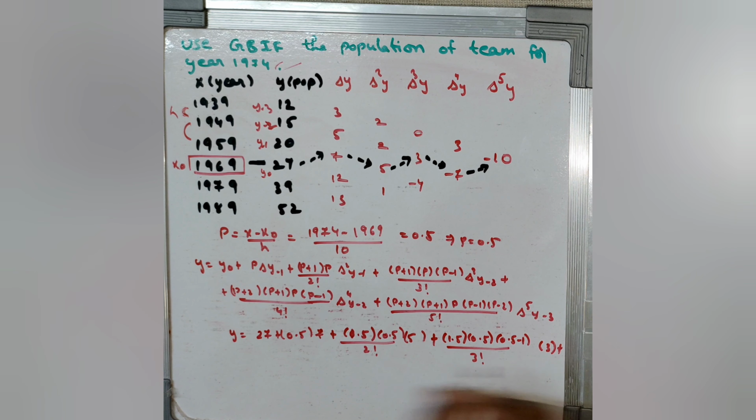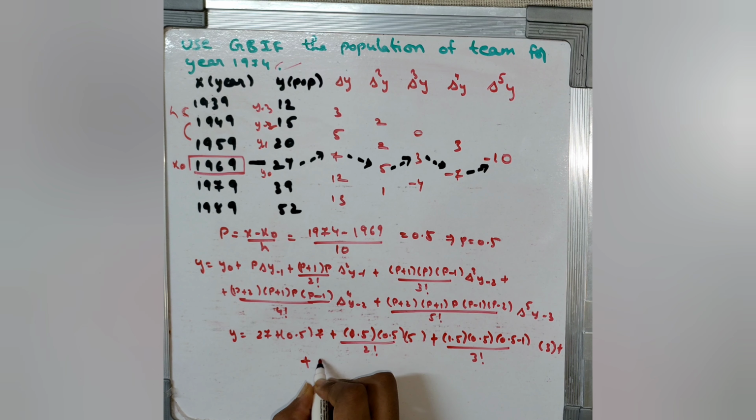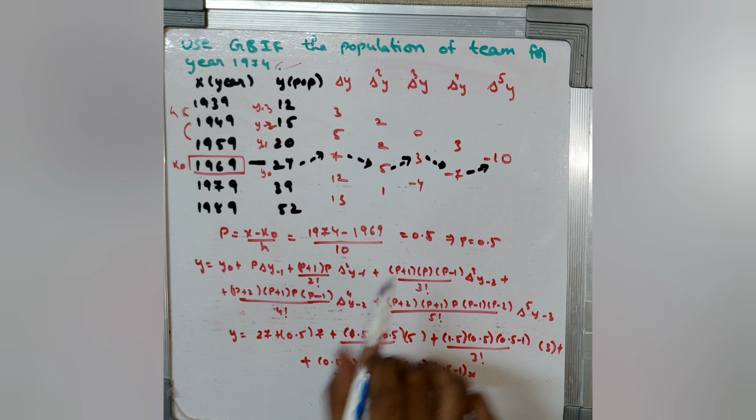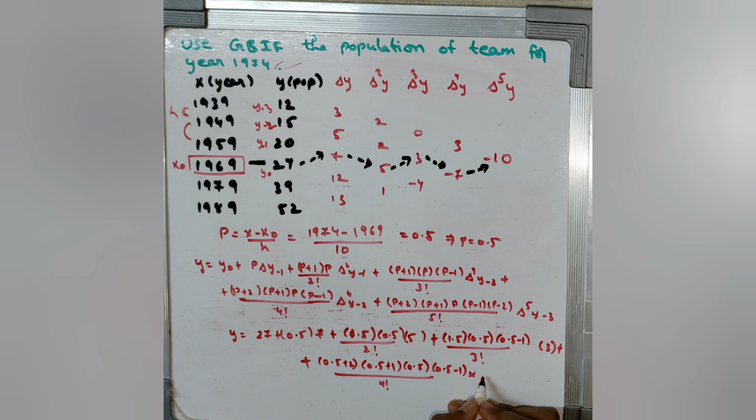plus p plus 2, that is 0.5 plus 2, into p plus 1, 0.5 plus 1, into p, 0.5, into p minus 1, 0.5 minus 1, divided by 4 factorial into delta power 4, which is minus 7, plus again p plus 2, 0.5 plus 2, into 0.5 plus 1.